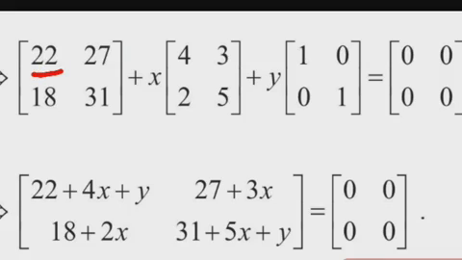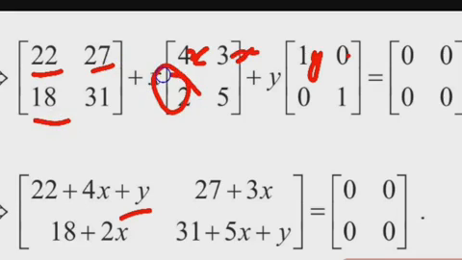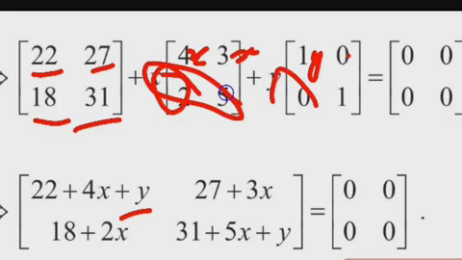Okay, 22 plus 4x plus 1 into y, first equation. 27 plus 3x plus 0 into anything, 0. 18 plus 2x plus 0 into y, 0. Next 31 plus 5x plus 1 into y.